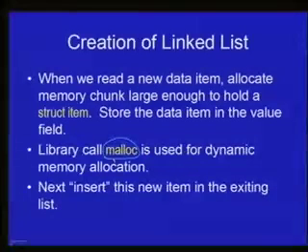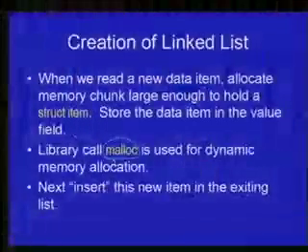So once we have allocated the memory for a struct item dynamically, then we initialize the data value in that to the value that we just read as input, and the list that we already have, we insert this new item in the existing list.